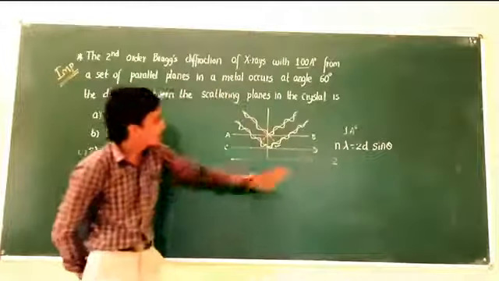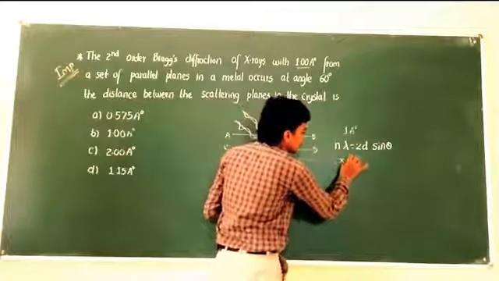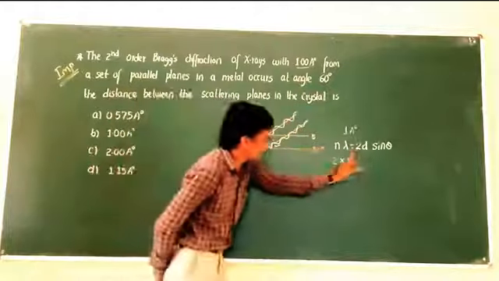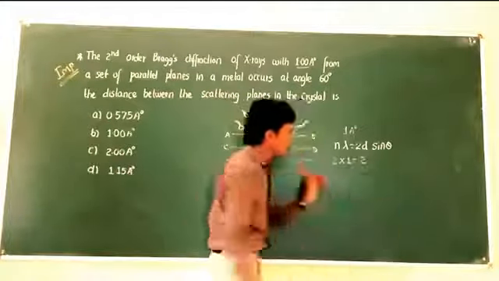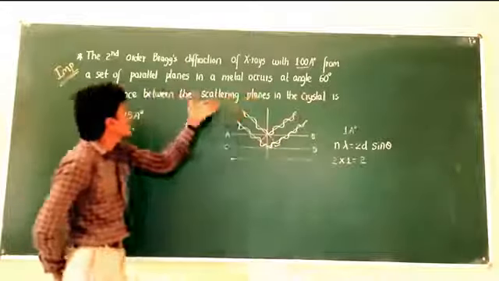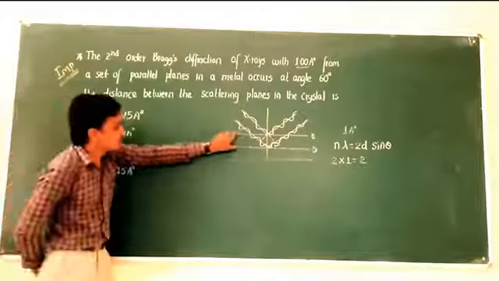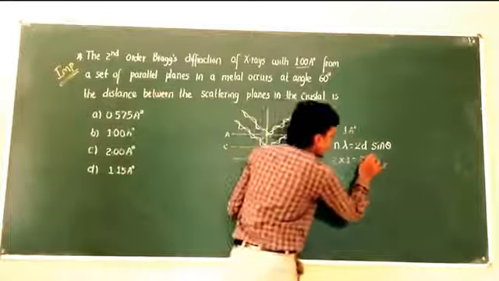You can clearly substitute n as 2, and the wavelength we are using is 1, so in place of lambda, you can substitute 1. Next is the constant 2, as it is. And d is the distance between the two scattering planes, which we are going to calculate.